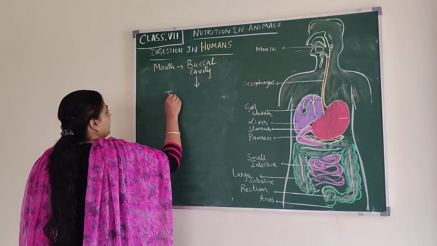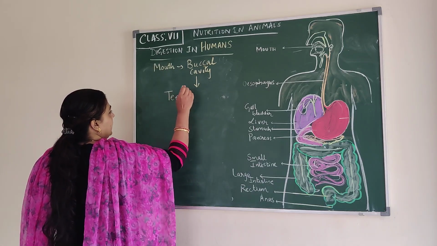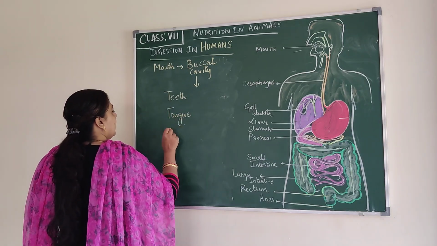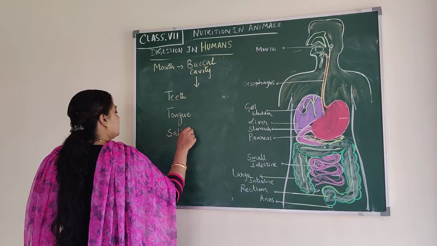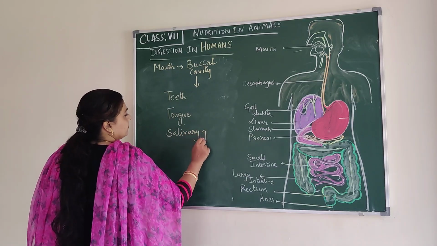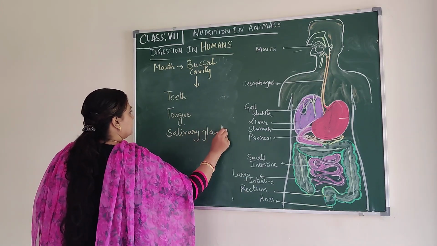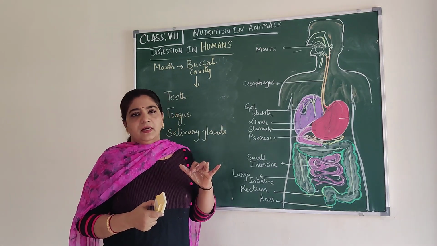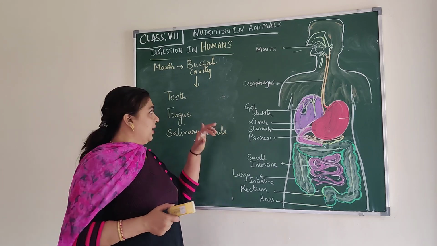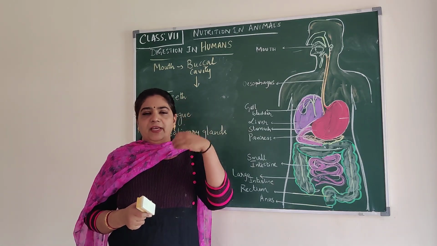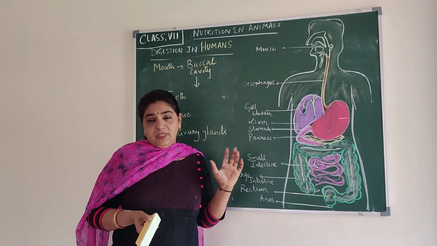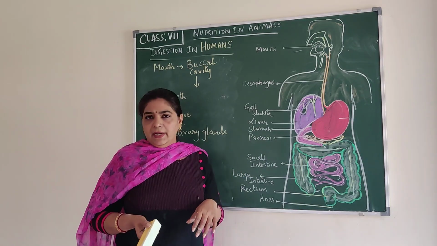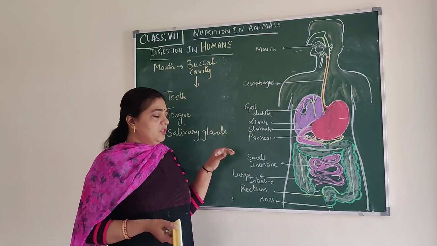The buccal cavity contains teeth, tongue and the salivary glands. So what happens to the food when you take the food? What does the teeth do, what does the tongue do, and the salivary glands? Let us see the functions of these structures.